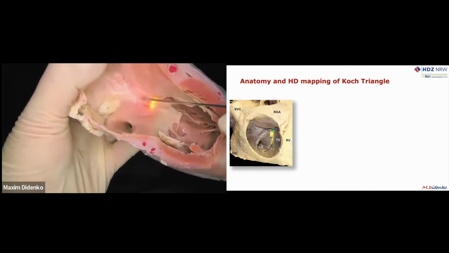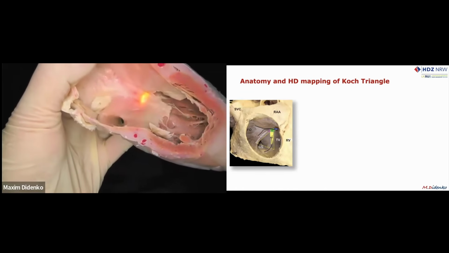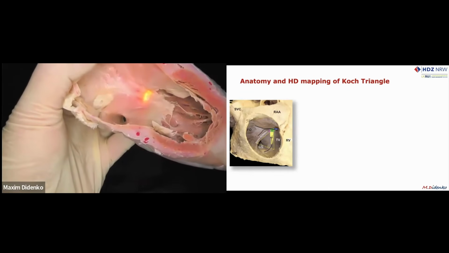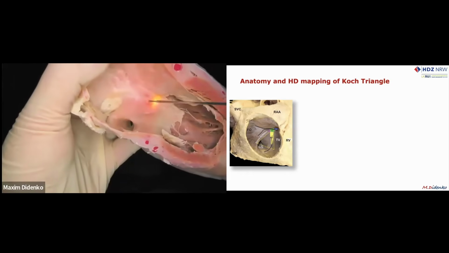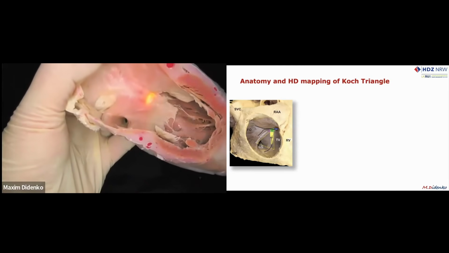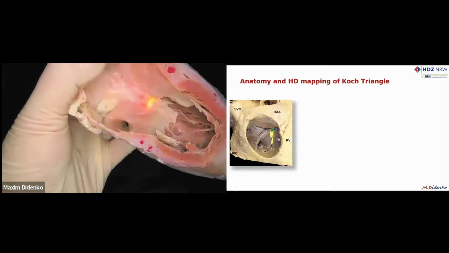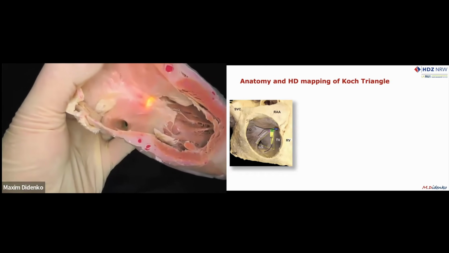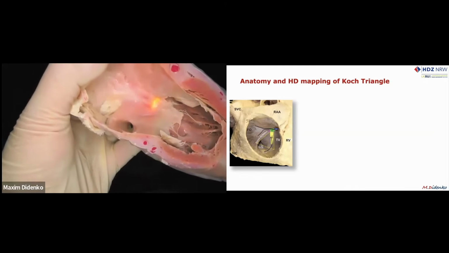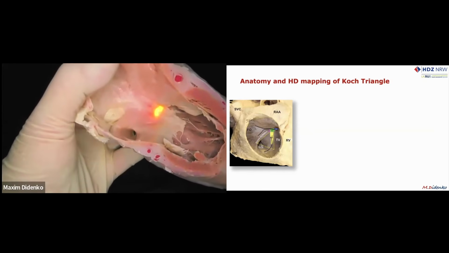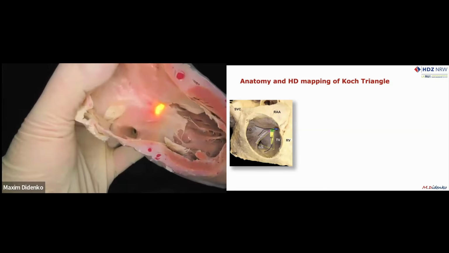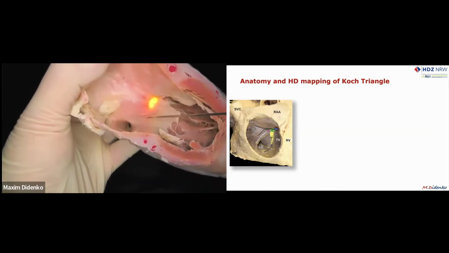The second point is that they have different properties in the cells, again with different connexins on the membranous cells, and that provides these properties. And as we know, one of the main properties is decremental conduction in this area here. Unfortunately, especially in a young population with inherent diseases, these areas can be switched.